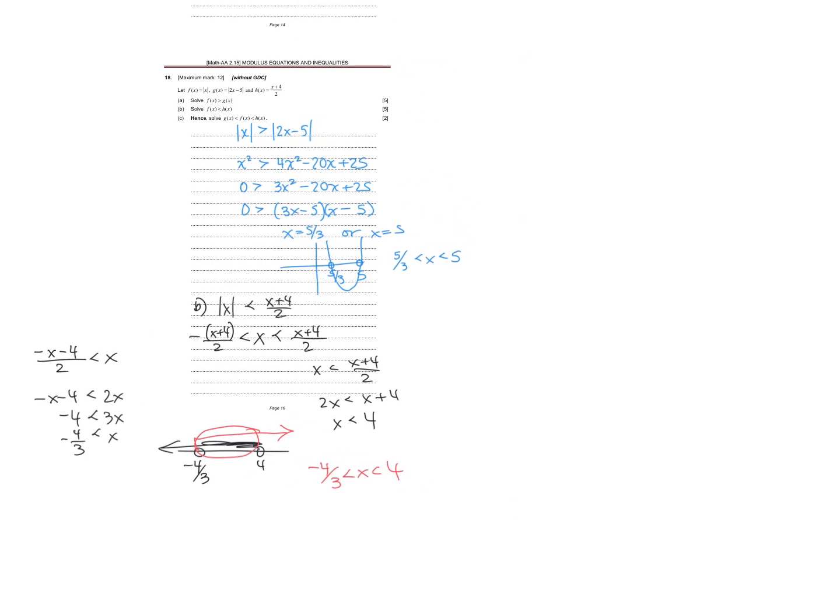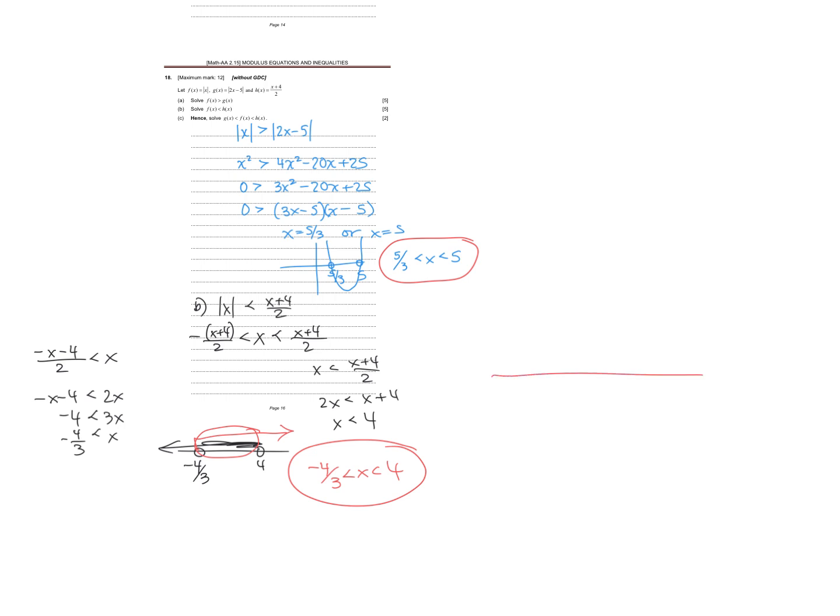And C, hence solve when is g less than f less than h. g is less than f here, and f is less than h here.